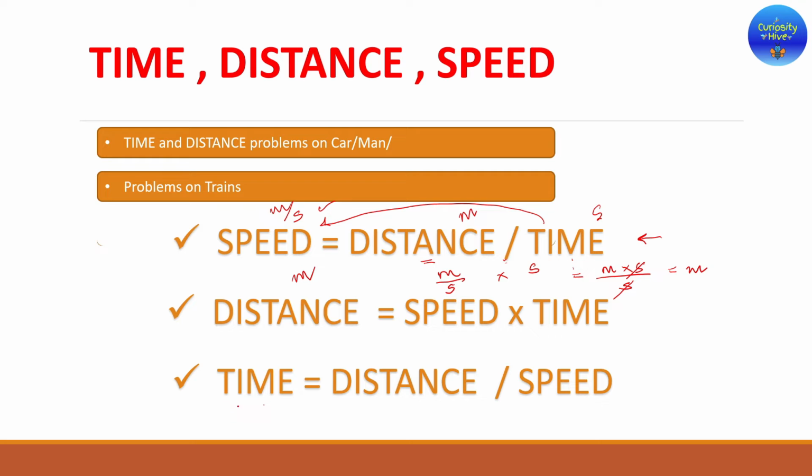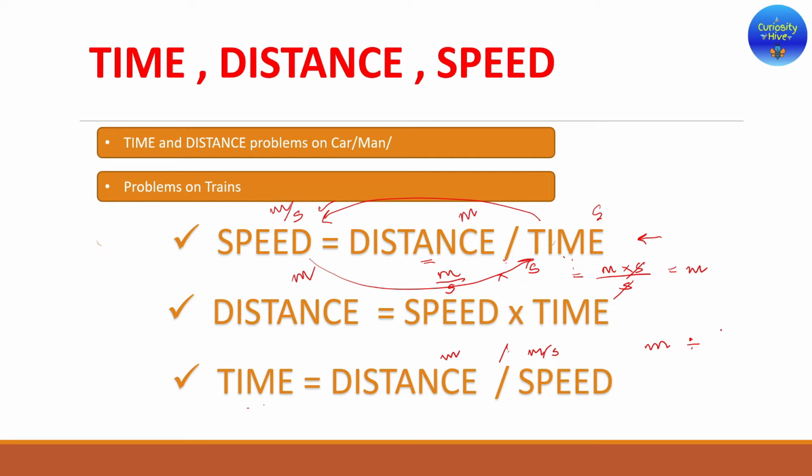And now the last one, which is in terms of time, this also we can get by simply moving the items in the first equation. So how we do it is, we keep the time on the left hand side. The time, which is the denominator, becomes the numerator and speed comes here. So that is how we get time is distance upon speed. Let's again check with the units. Now distance is meters and speed is meters per second.